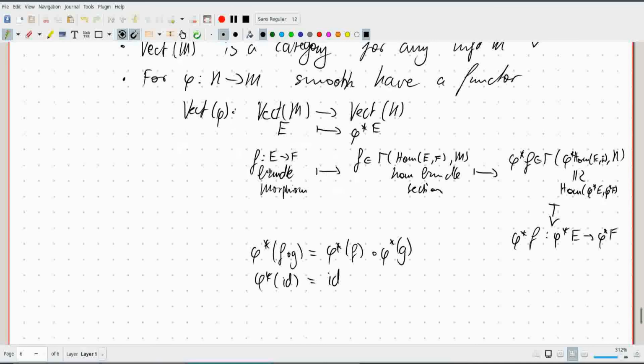So now, do we have a natural transformation for the composition of two pullback functors? Let psi from L to N, phi from N to M be smooth.